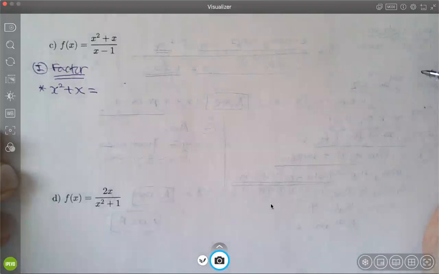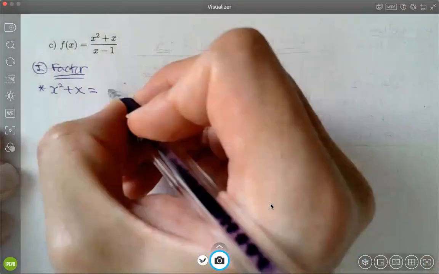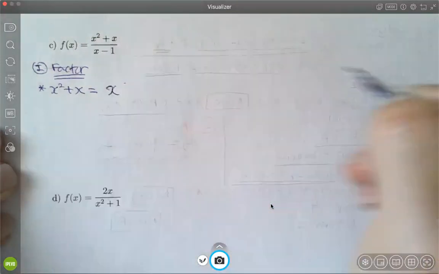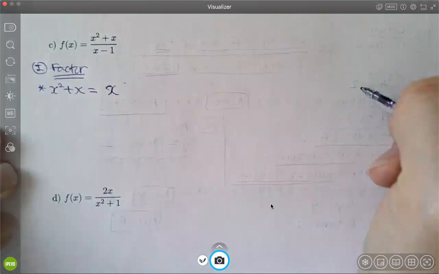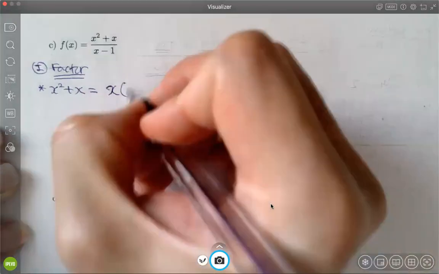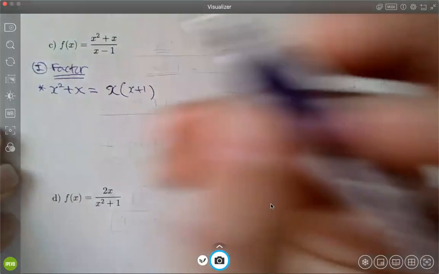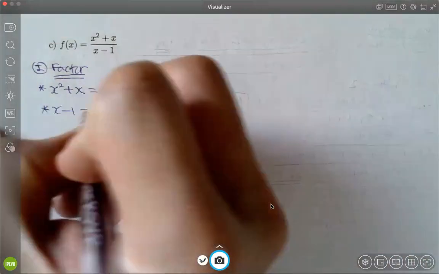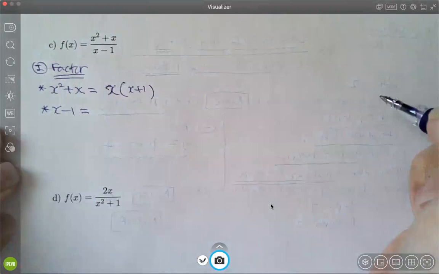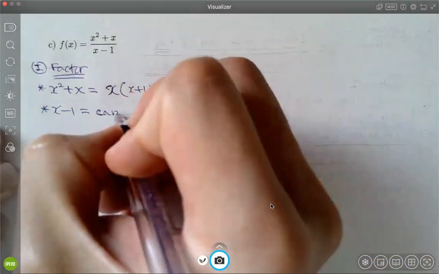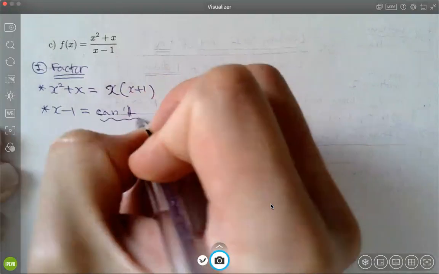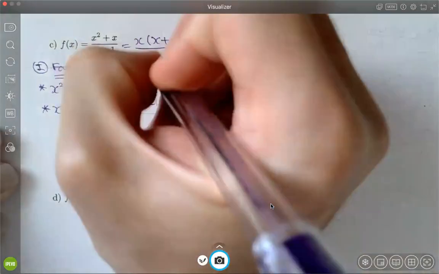What's the GCF? X, right? Okay, so it's x times what? X plus 1, right? And now, can you factor the bottom, x minus 1? No, right? Okay, so you have x times x plus 1 all over x minus 1.